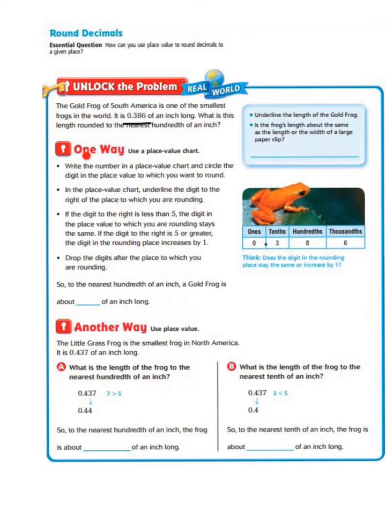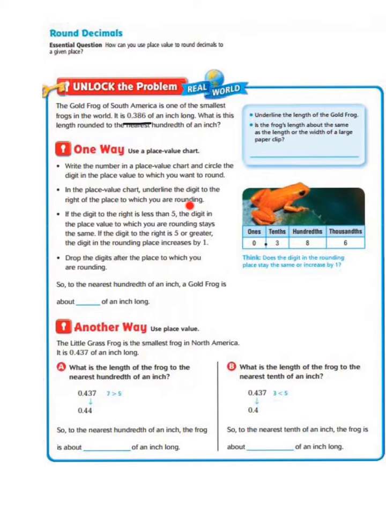So one way we're going to use to answer our essential question is to use a place value chart. It says to write the number in a place value chart and circle the digit in the place value to which you want to round. So we're going to think, does the digit in the rounding place stay the same or increase by 1? Well, that's what we need to look at. So in the place value chart, underline the digit to the right of the place to which you are rounding.